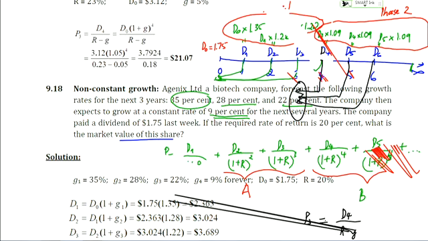So can you work out P3? So P3 would be the present value at time 3 of D4, D5, D6 to infinity. But remember, we need the present value at time 0, not at time 3. What should we do next?